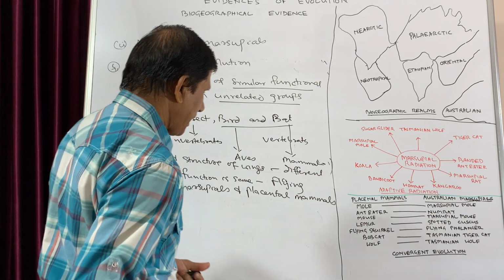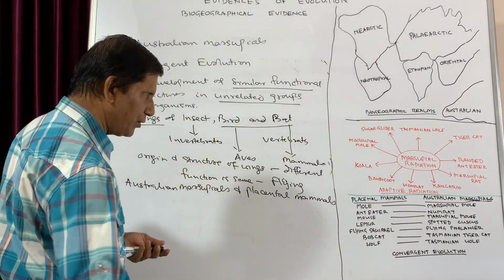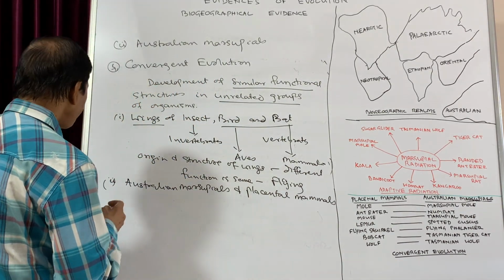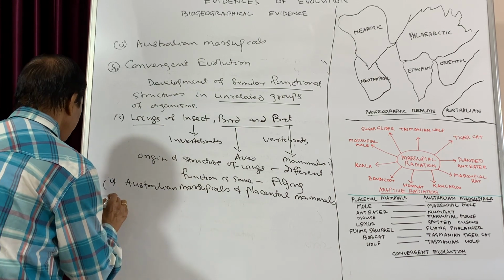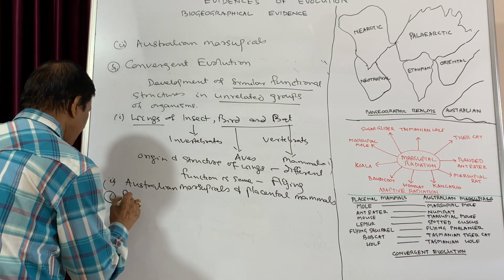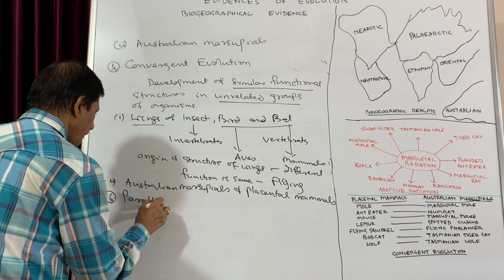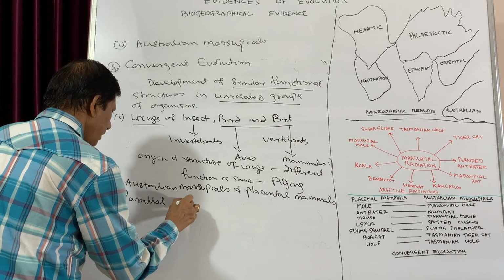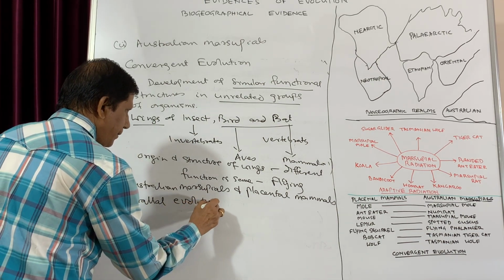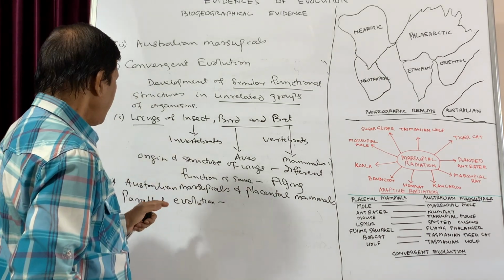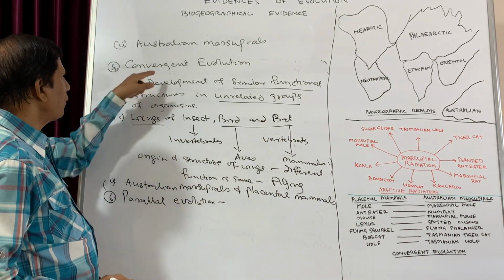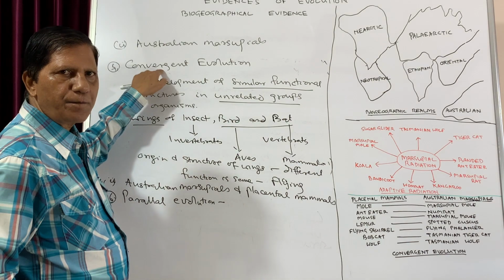Then the next one we'll discuss is parallel evolution. The sixth one is parallel evolution. Now parallel evolution is closely related to convergent evolution.